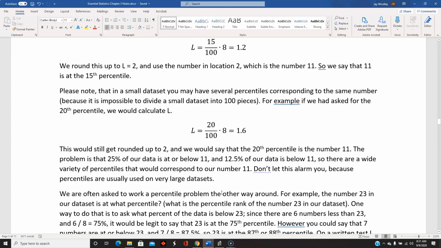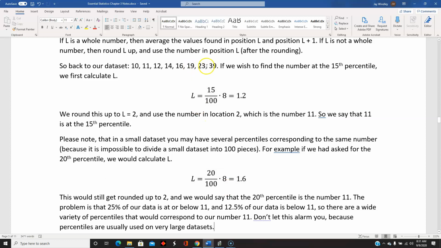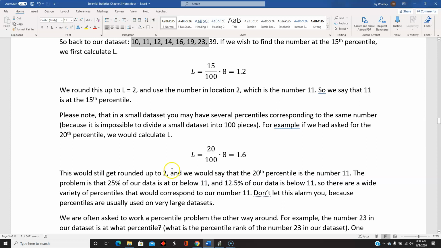Oftentimes we have to do this operation the other way around. For example, look at our numbers in our data set. What is the percentile or the percentile rank for the number 23 in our data set? Well, it depends if you just look at how much of the data is below 23, or if you look at how much of the data is at or below 23.